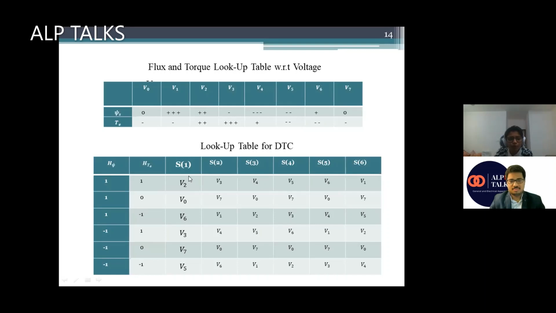So which voltage vector should I choose? It is V2. Similarly, if another combination is there, and it is in sector 1, then I should choose V0. Similarly, I made every other combination of this lookup table.